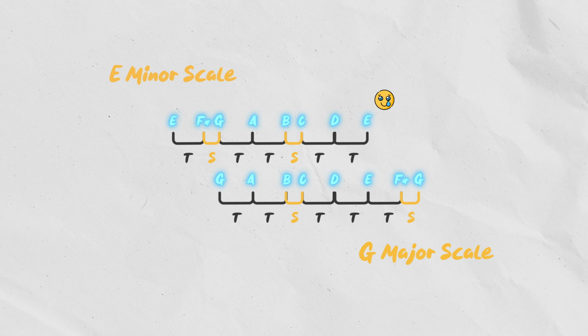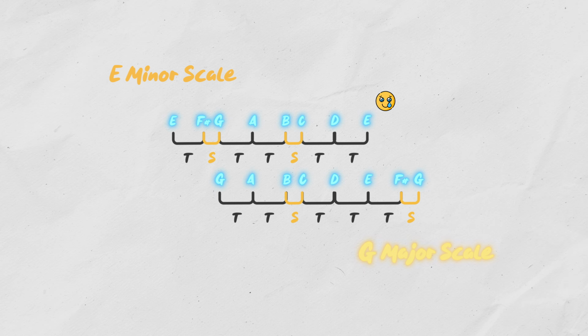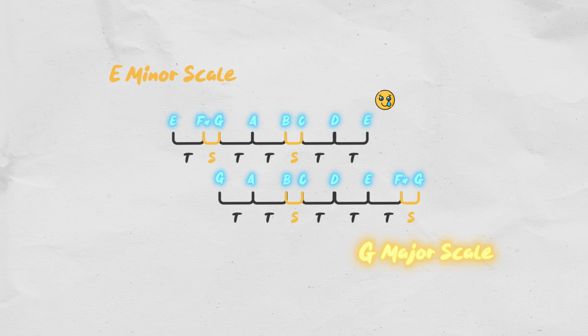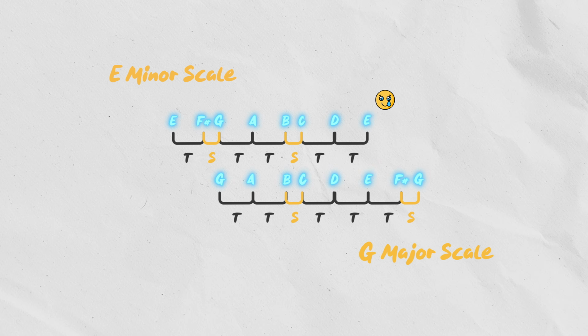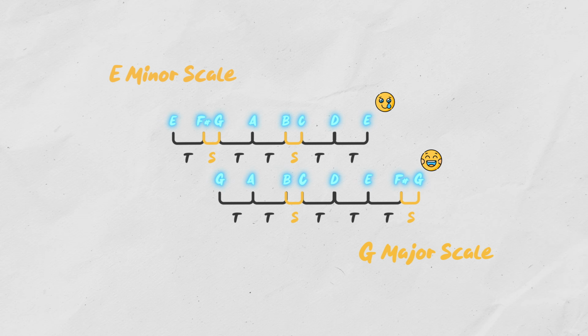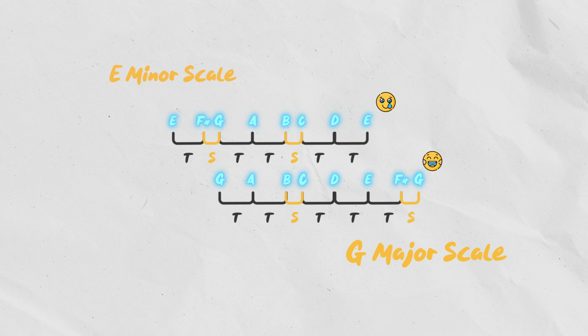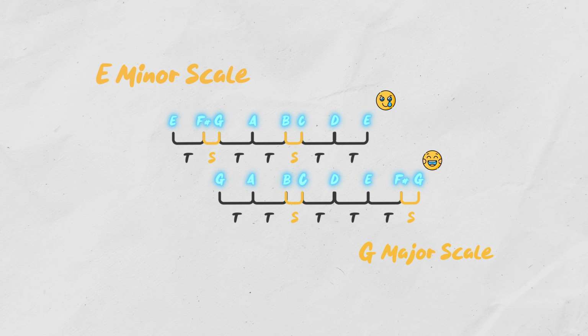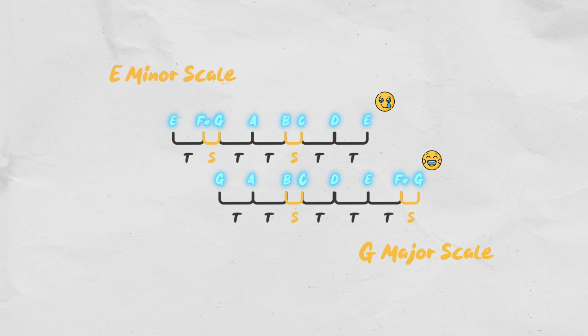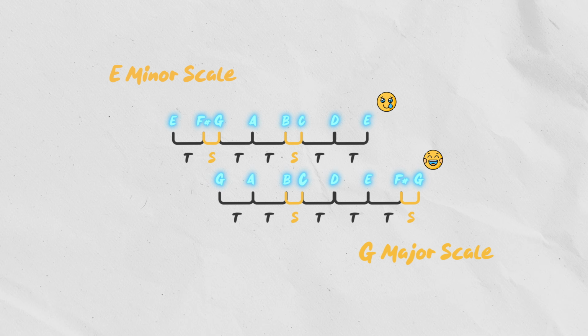In contrast, the major tonic offers a happy, joyful vibe. Whether a song is categorized in a major or its relative minor key depends on which tonic, major or minor, is more prominently featured. Let's explore this example.